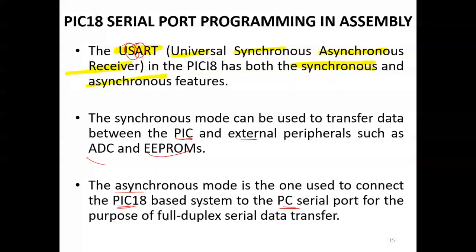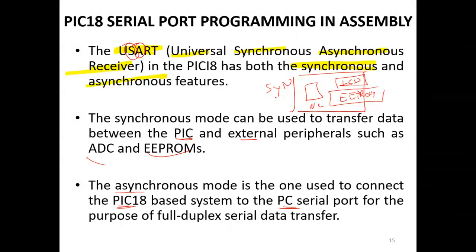Generally, if the devices are close to each other, for example, we have one PCB with the microcontroller, an LCD, and an EEPROM, and you want to connect these devices together, they are in the same area, close to each other. In that case you can use the synchronous mode.